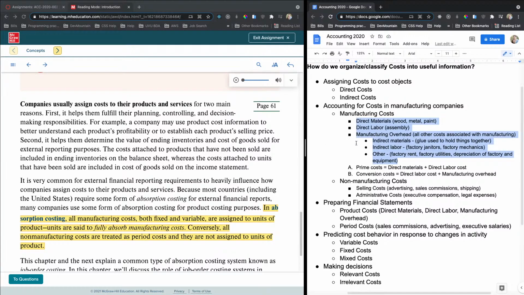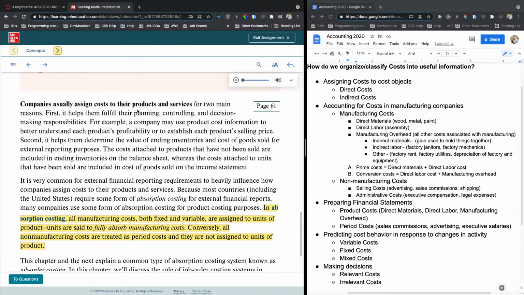We're creating a simplified version of all of this information, and then all these non-manufacturing costs are period costs, which is honestly what they are anyway. So let's read this again.